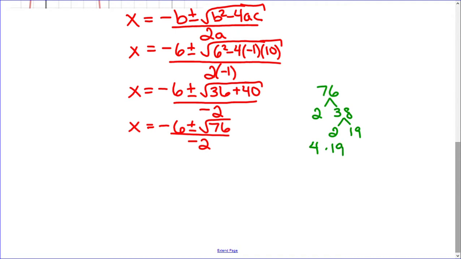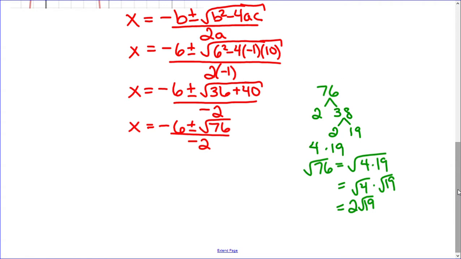So root 76 can break apart into the square root of 4 times 19, which is root 4 times root 19. I know the square root of 4 is 2, so I can rewrite root 76 as 2 root 19 and simplify this a little bit more.